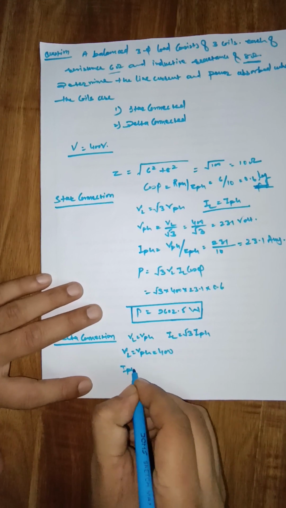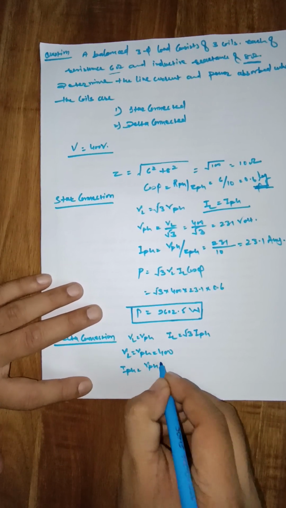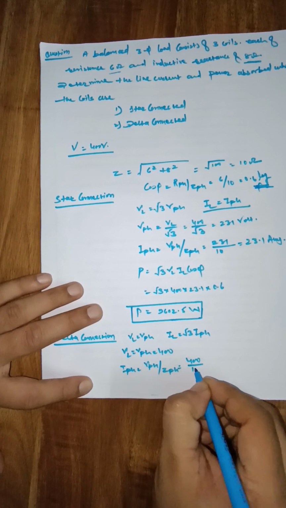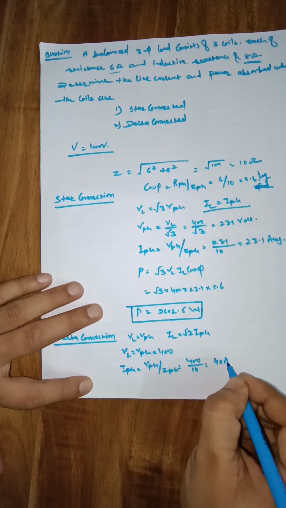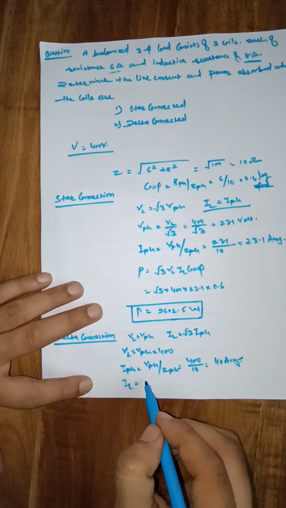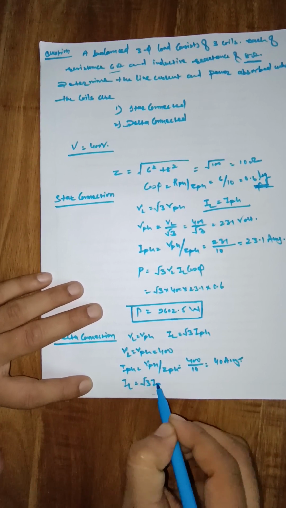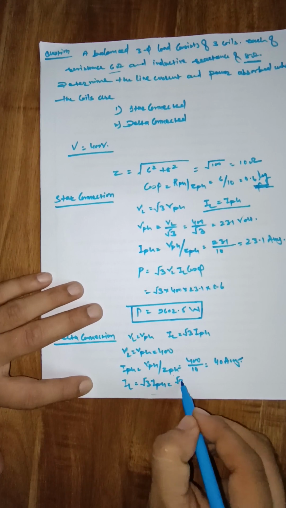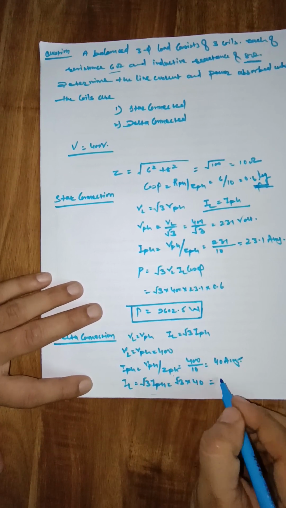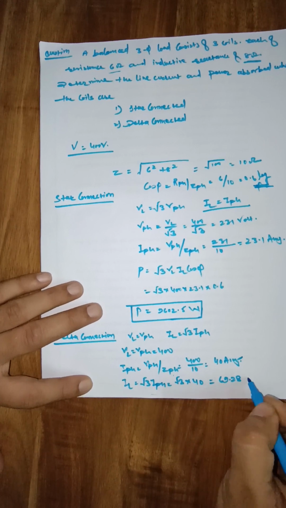Then IPH will be equal to VPH upon ZPH. So 400 upon 10. It will be equal to 40 ampere. Then IL will be equal to root 3 IPH, then root 3 multiplied by 40. So value will come out to be 69.28 ampere.